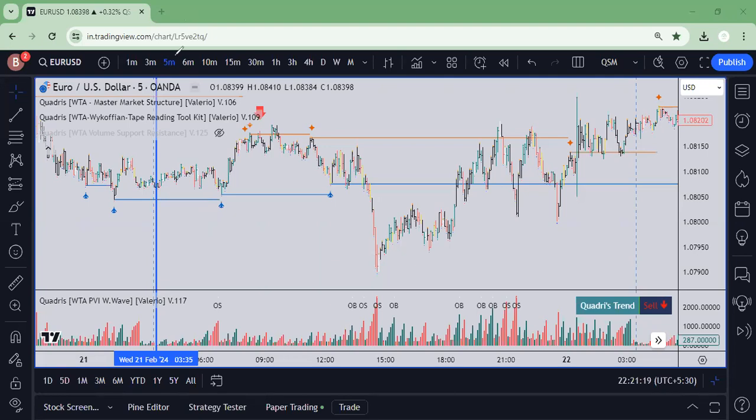So EURUSD, sample time frame 5 minute. The reason for taking 5 minute time frame or lower, like in Nifty index I have taken 3 minutes, is simple. It is easy to find trades on a higher time frame. When it comes to lower time frames, the trading system or the methodology has to prove itself.